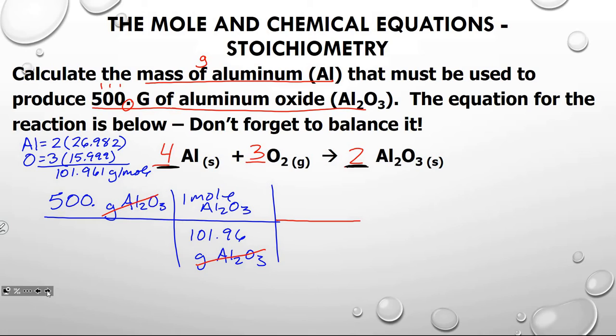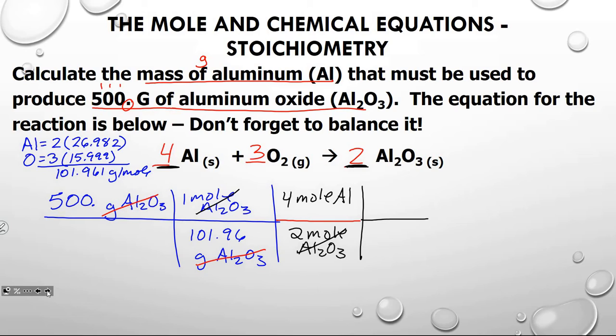So I'm going to put the 2 moles of aluminum oxide on the bottom, and I'm going to put the 4 moles of aluminum on top. That equation allows me to go from moles of one thing to moles of something new. Then we go back and we've got to change the moles back into grams, but of something new.